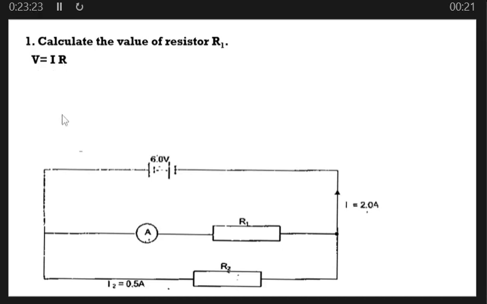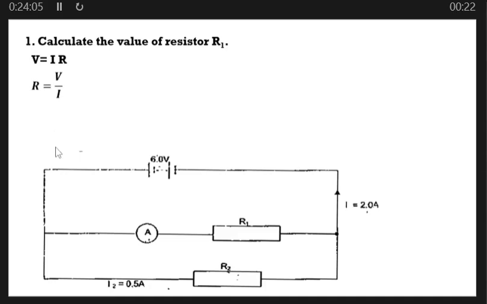V is the voltage across the components in the circuit, and remember, voltage across components connected in parallel is the same. Then I is the current flowing in this resistor. Then R is the resistance we are going to find. So let's make R the subject of the formula. So R is equal to V over I.